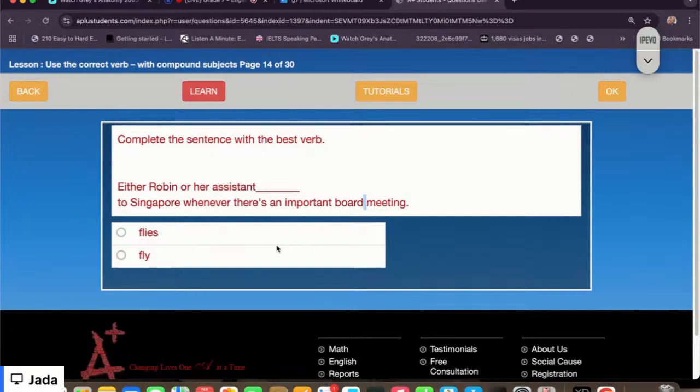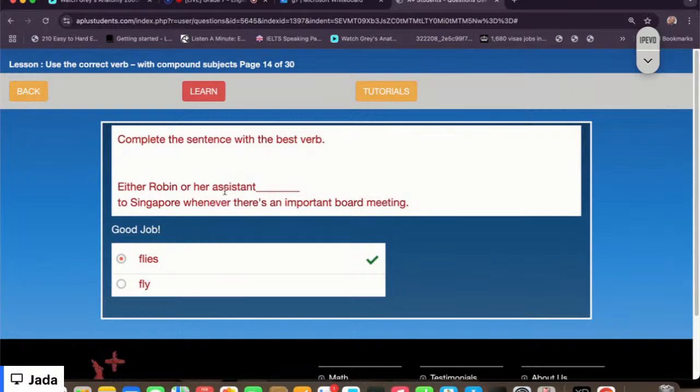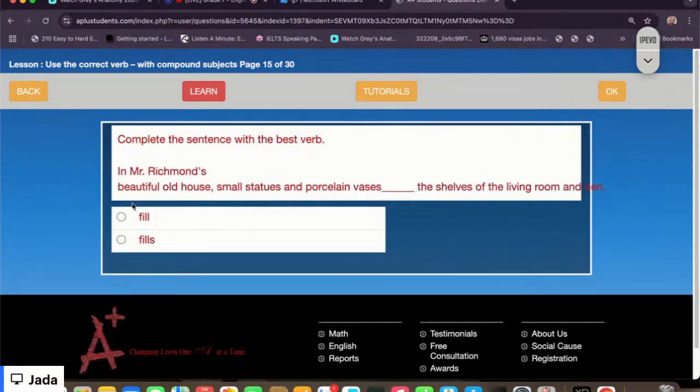All right, so we have her assistant, fly. So her assistant is what? Singular subject. So it will be a singular verb.